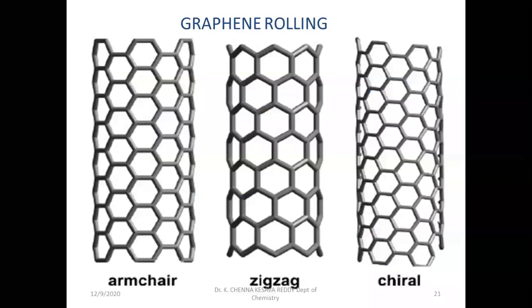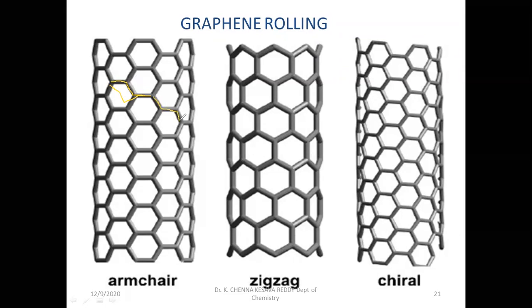See this armchair carbon nanotube. It is like a cyclohexane, exactly armchair, and that is why we name it armchair.